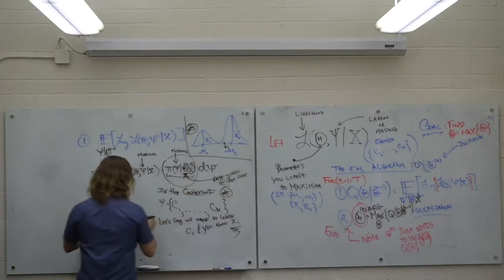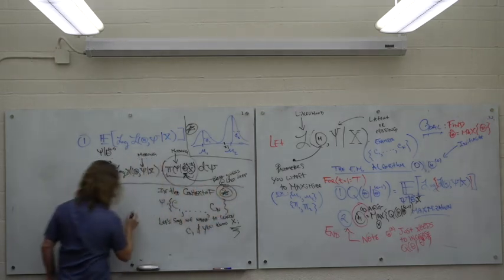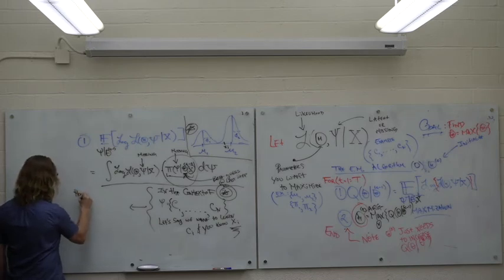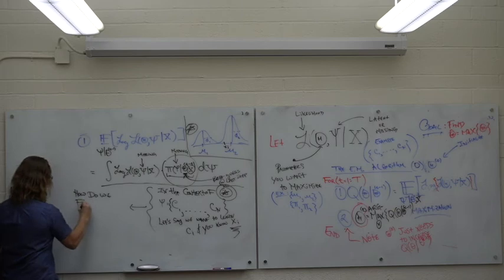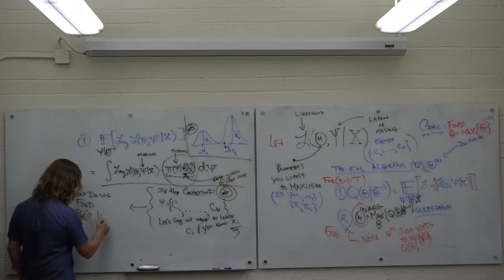So the question, in the context of star, is how do we find the probability distribution for Ci given all of your old parameters, theta t minus 1? What is that?